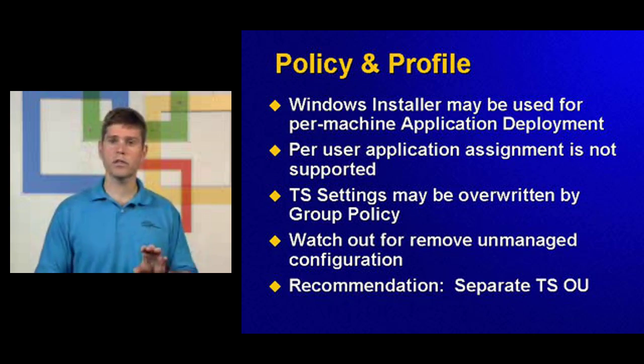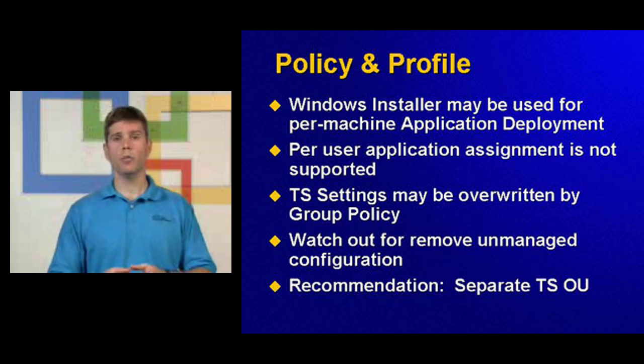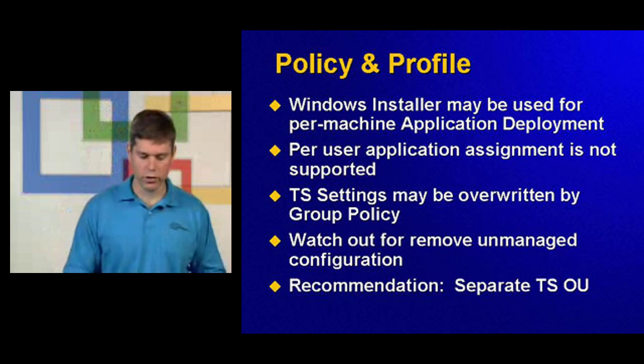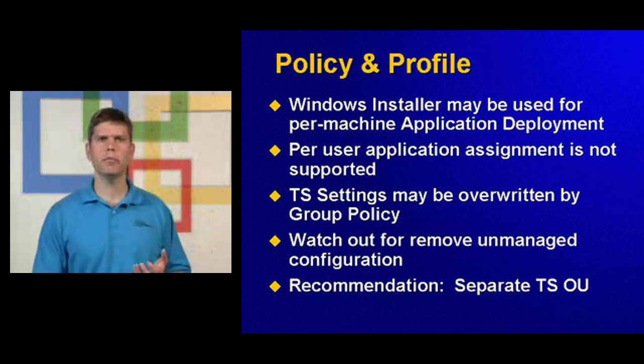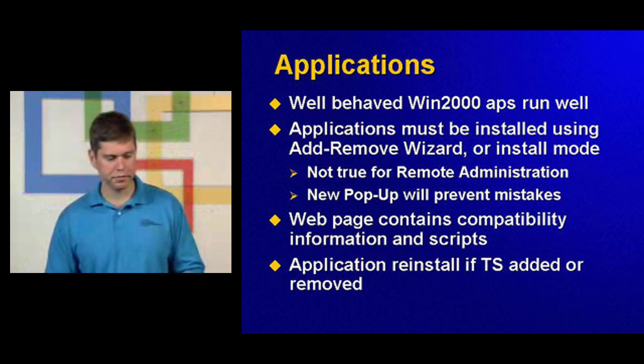But by putting them all in a single OU, you can administer them that way and not have to worry, in a more general environment, while I'm writing a policy, how will it apply on one machine versus another. Think of it in that way, sort of the same way as you think of your domain controllers. Obviously, you want those administered differently, so you separate them out into an OU. Same kind of thing with terminal services.